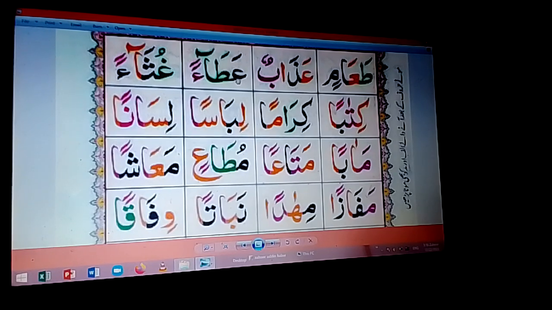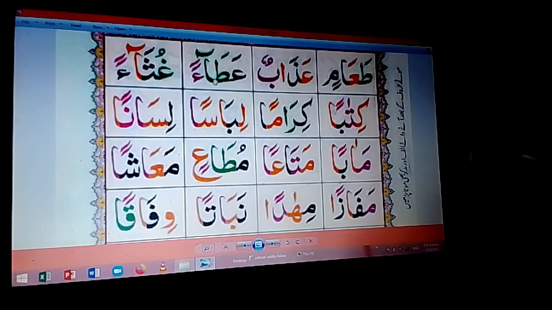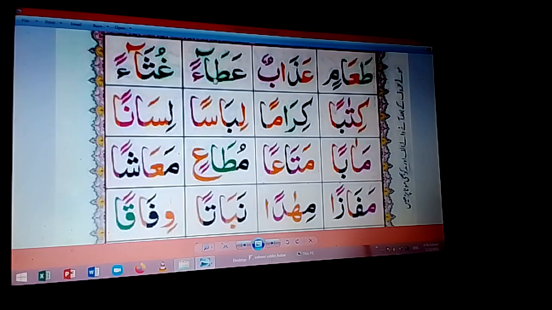And the next is ato'an. We prolonged ta because of 2 reasons. One reason is because this ta is followed by this alif silent, and the second reason is there is a long sign. This is called mad, long mad over alif.